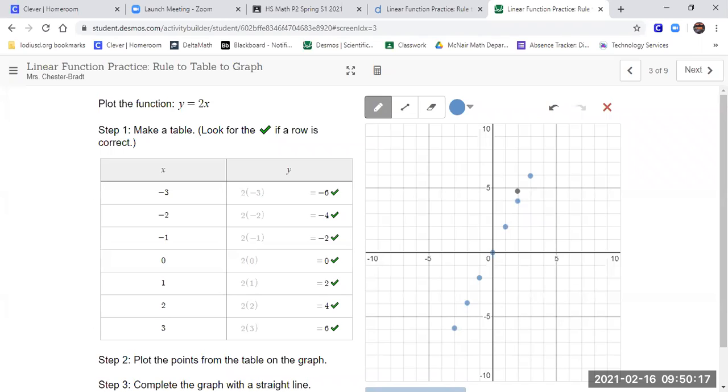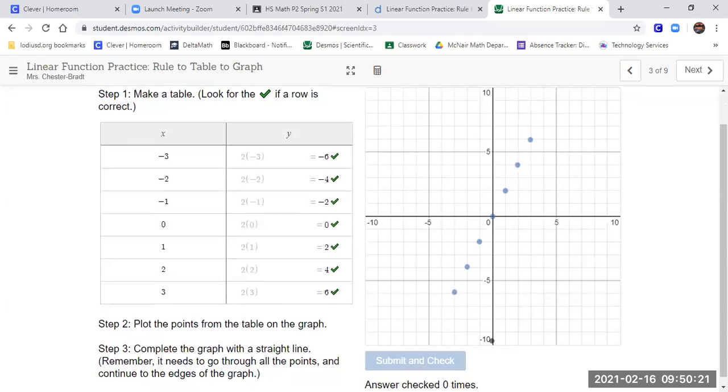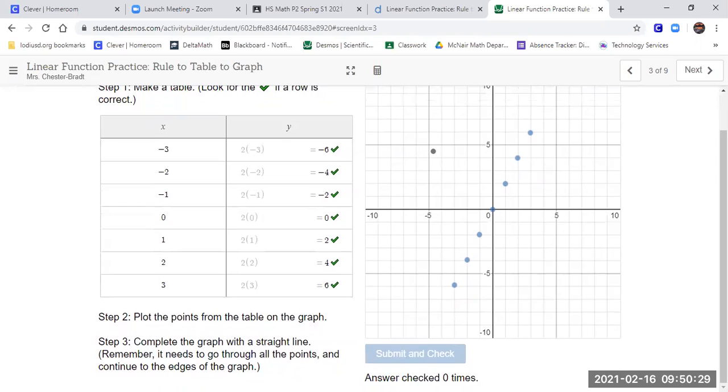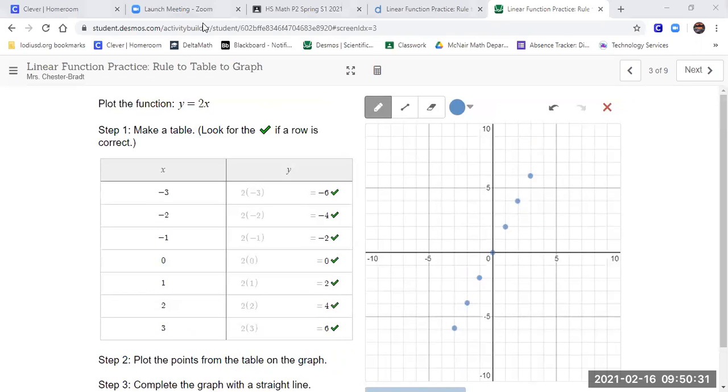All right, so I need to do the same thing. I need to connect my line, but to connect my line, I got to have an x of -10. So what did a y, correction, a y of -10. My equation is y equals 2 times x.